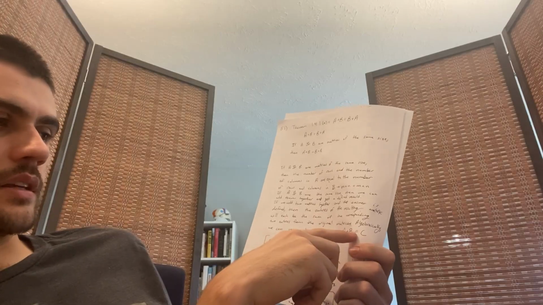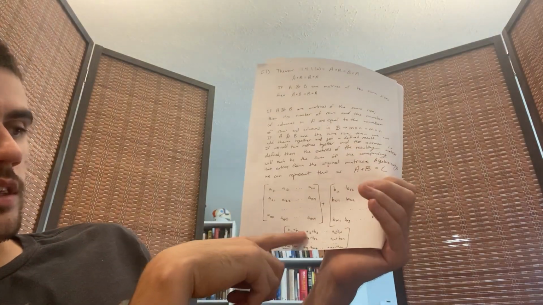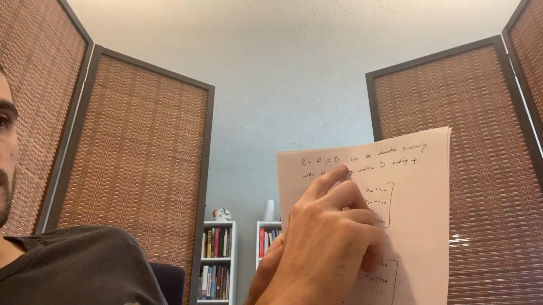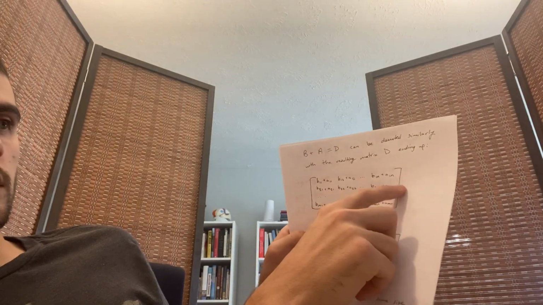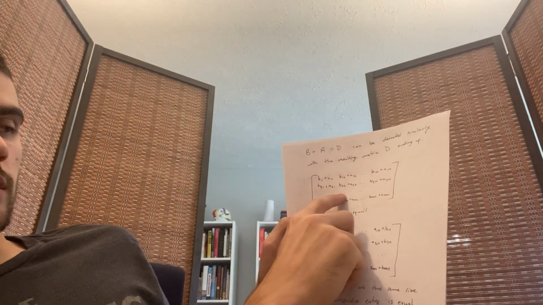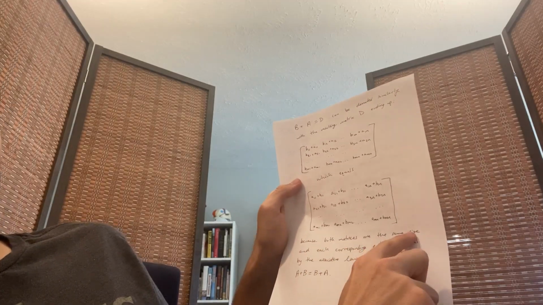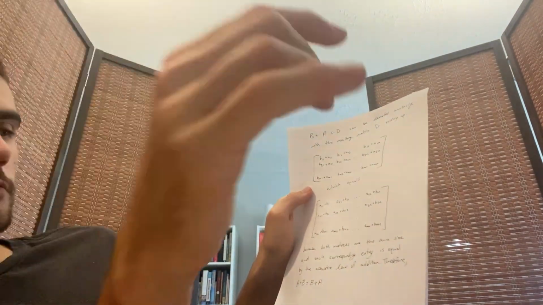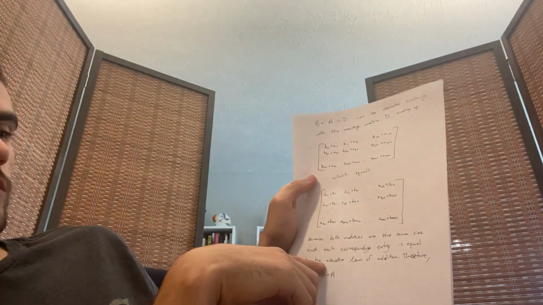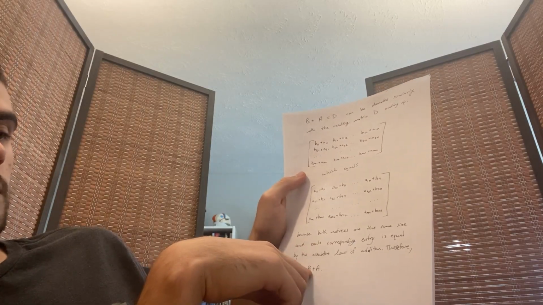Algebraically, we can represent this: A plus B equals C. And then we do it the other way: B plus A equals D. I didn't write out all the entries again, but I just denoted D as this, which equals C from earlier, because both matrices are the same size and each corresponding entry is equal by the commutative law of addition. Therefore, A plus B equals B plus A.